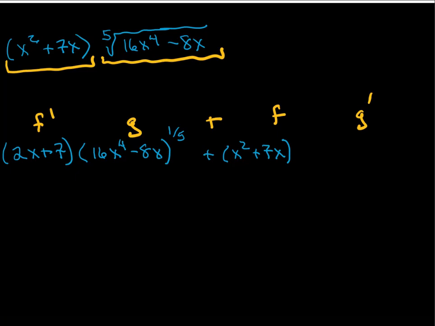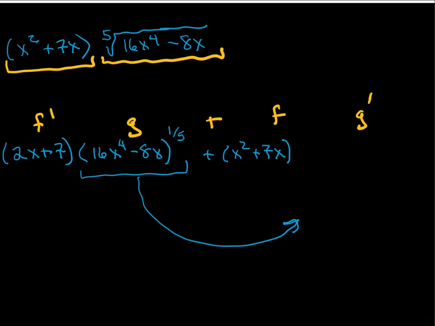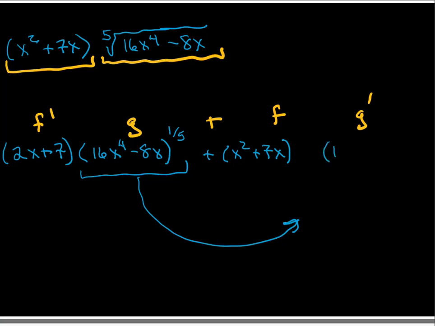Remember I rewrote it like this, which is hopefully going to make it easier to look at and do the derivative. The chain rule says first thing I'm going to do is I'm going to put my 16x to the 4th minus 8x inside. So the inside's taken care of.